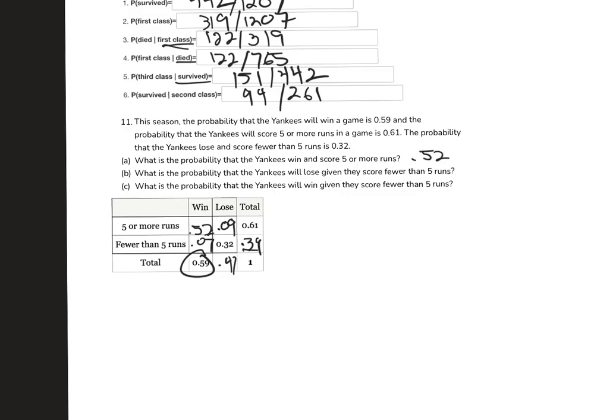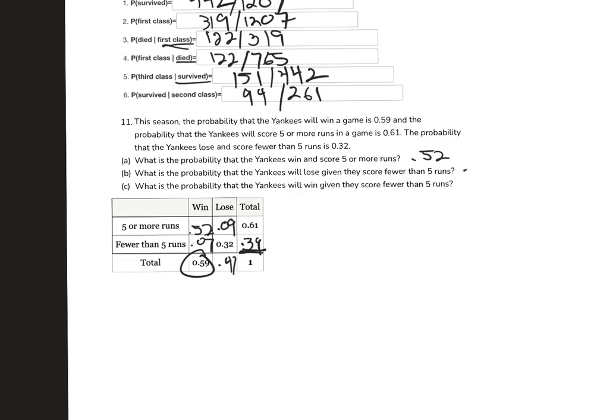What's the probability the Yankees will lose given that they score fewer than 5 runs? So now we're looking only at this 0.39 as our denominator, and as our numerator, we're going to have the number of times that they lose, which would be 0.32.